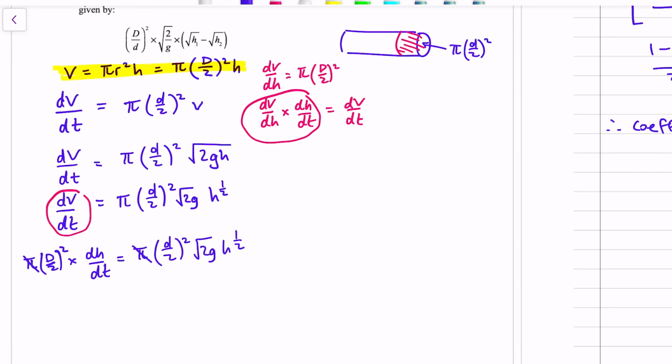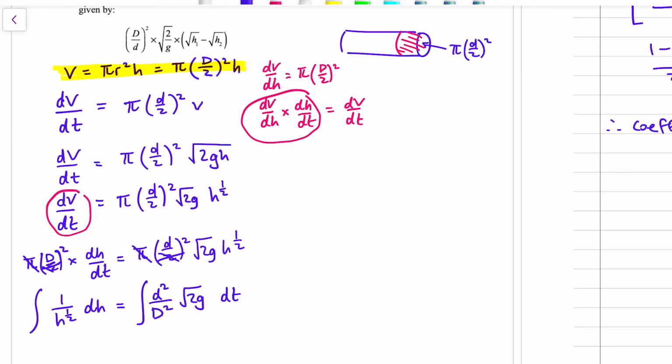We can cancel a 2 squared on both sides of the denominator, and we can separate the variables as 1 over h to the half dh, little d squared over capital D squared root 2g dt goes up to the top right, integral.